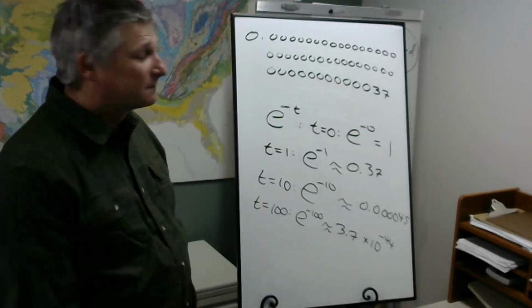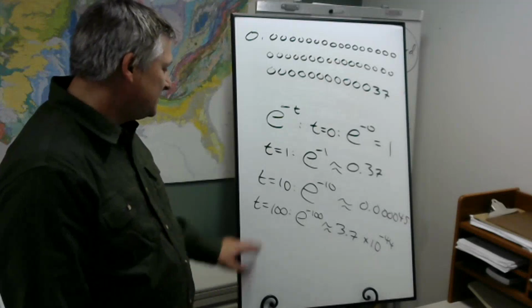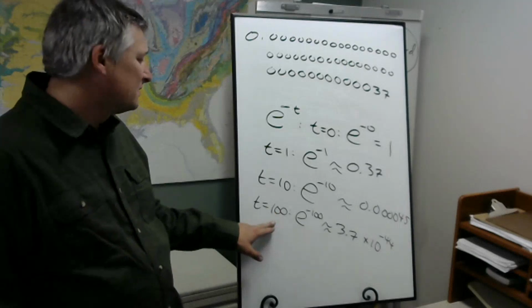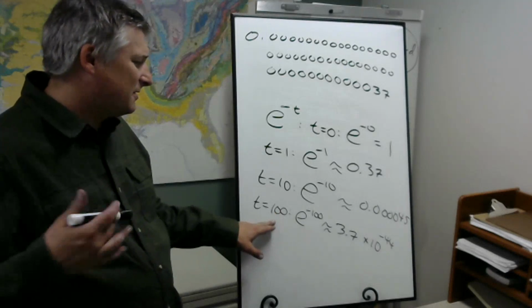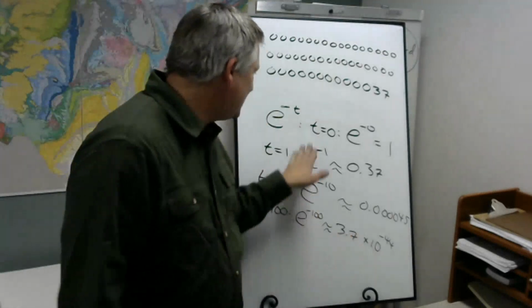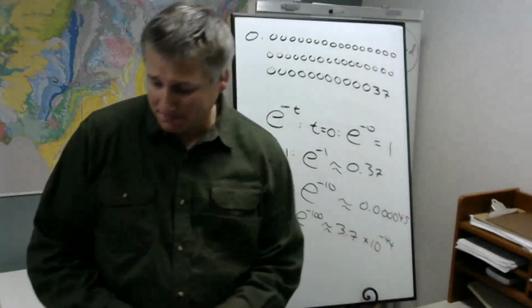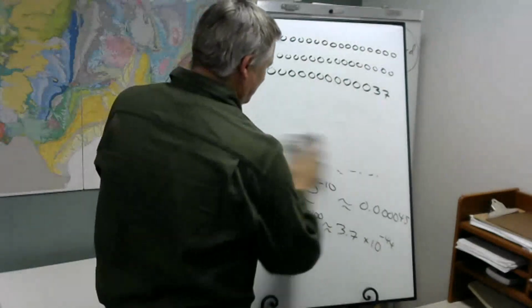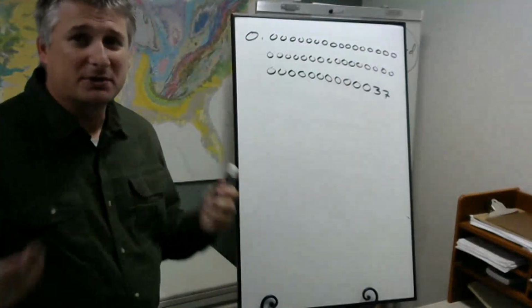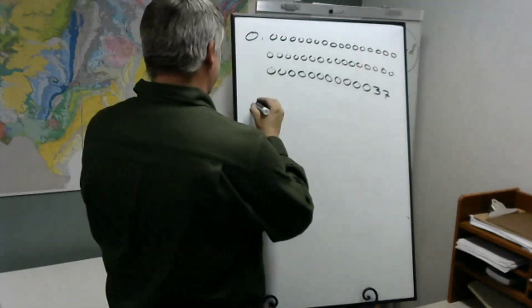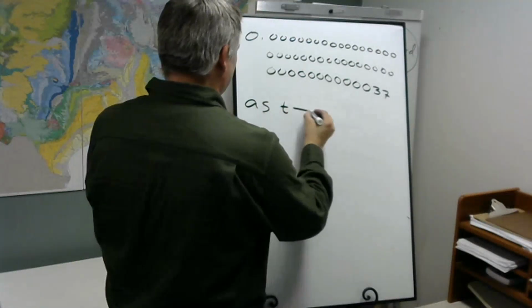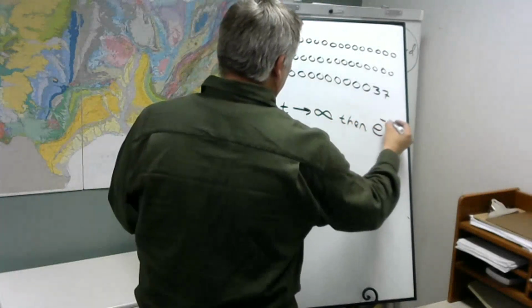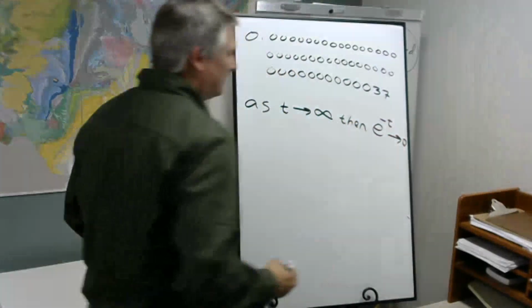That's a small number. This is just for 100 weeks. A year has 52 weeks, so this isn't even 2 years. So if we had t as 1,000 or 1,000,000, e to the minus t practically goes to 0. As t gets massively big, e to the minus t we will consider to be 0. It will go to 0.